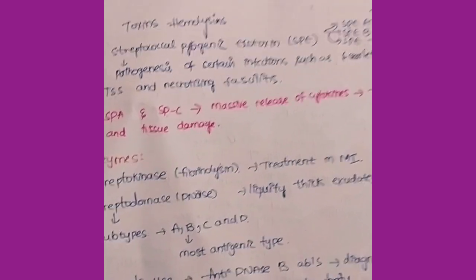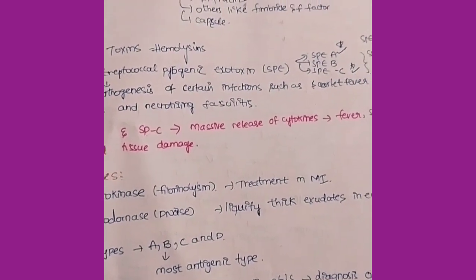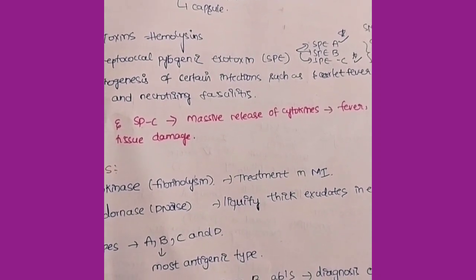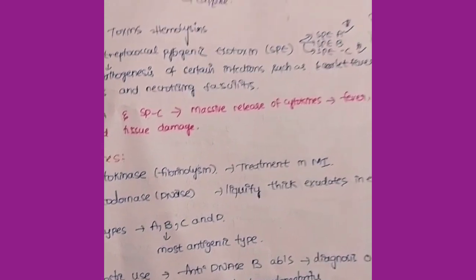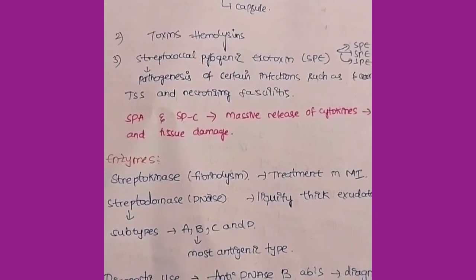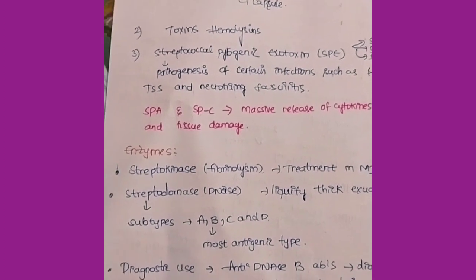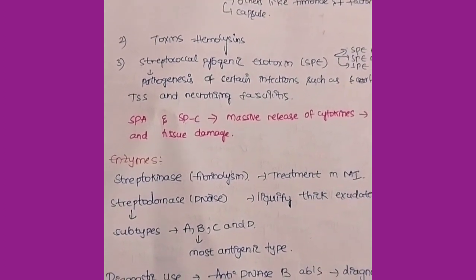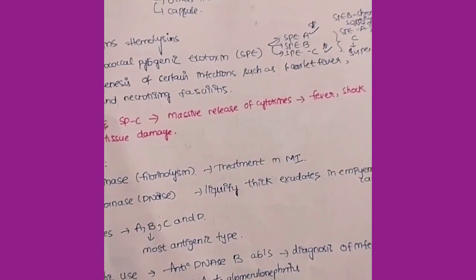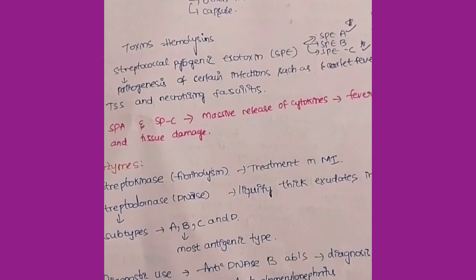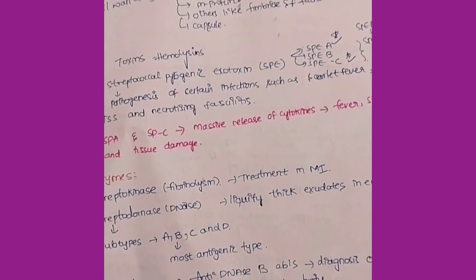The diagnostic cue is anti-DNase B antibodies, used for diagnosis of infections, particularly pyoderma and acute glomerulonephritis. Another enzyme is hyaluronidase, a spreading factor that breaks down hyaluronic acid in the tissues, helping spread of the infection along the intercellular spaces.